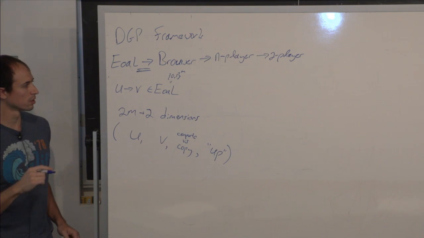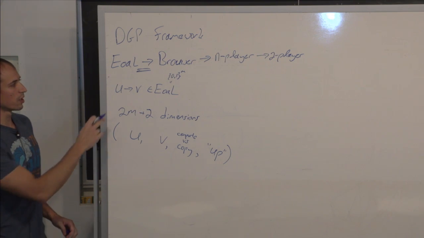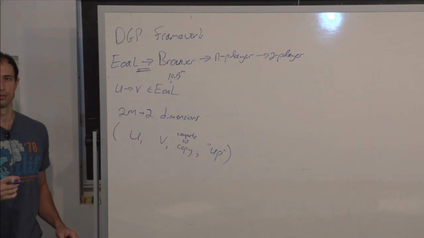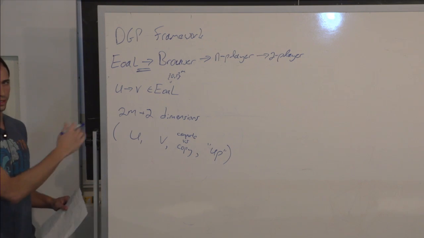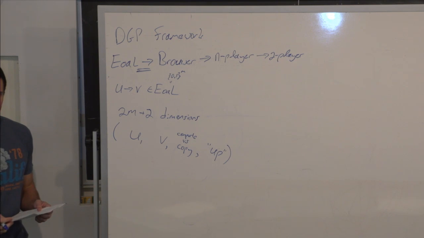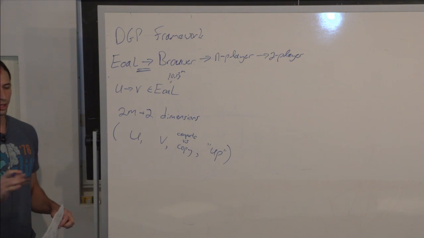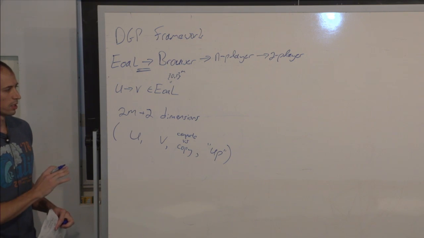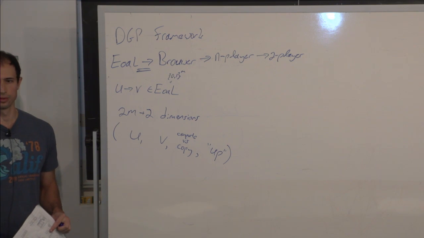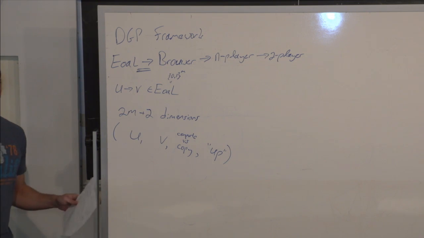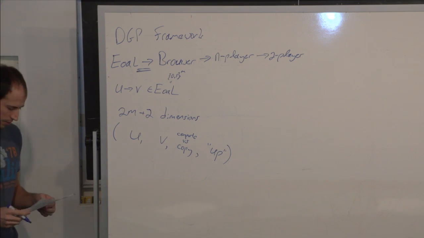U and V are an edge in one of the lines in the End of a Line, so they're an edge in the graph, U to V. For the talk today, the underlying graph over 0,1 to the m can be the full complete graph. Up to logarithmic factors, it doesn't matter anyway.